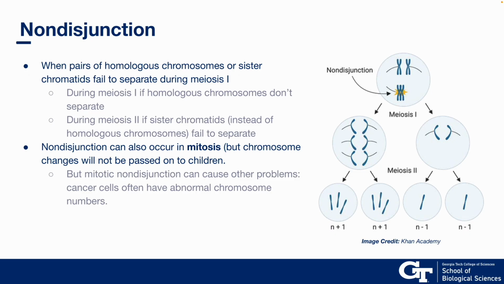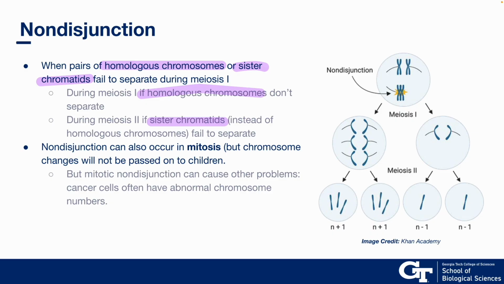Well, that's called nondisjunction, which is the failure of chromosomes to separate properly during meiosis. That's either going to happen when the homologous chromosomes fail to separate, or their individual sister chromatids. And that can either happen during meiosis 1, which is when the homologous chromosomes are supposed to separate, or meiosis 2, where the sister chromatids are supposed to separate.